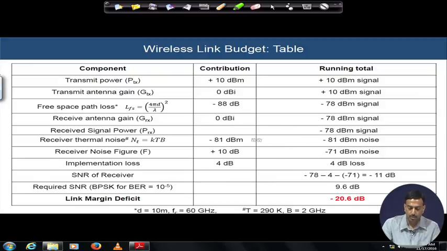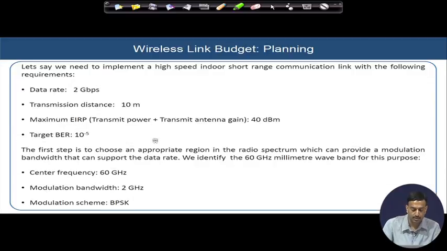Now we go on to calculate the noise. The thermal noise, as I said, is given by the expression KTB at the receiver. So we substitute the value of the Boltzmann constant. The temperature in degree Kelvin is assumed to be 290 K, which is usually a standard value, and the bandwidth, as we already know, which is already specified, is 2 gigahertz.